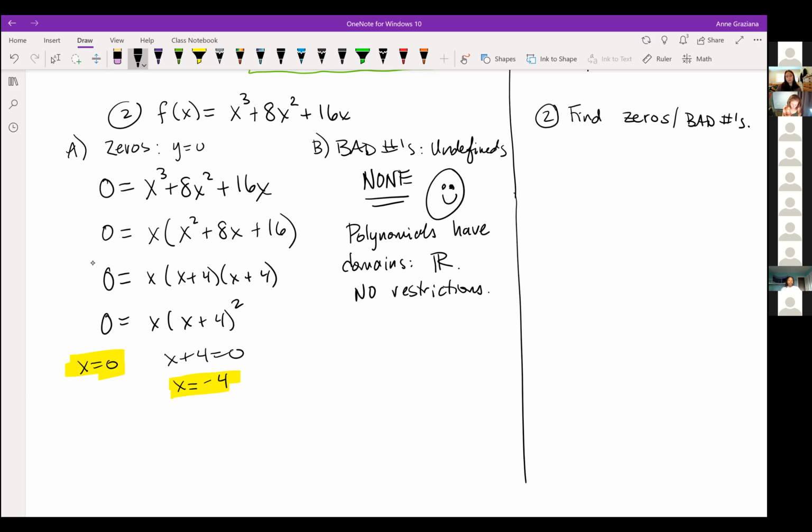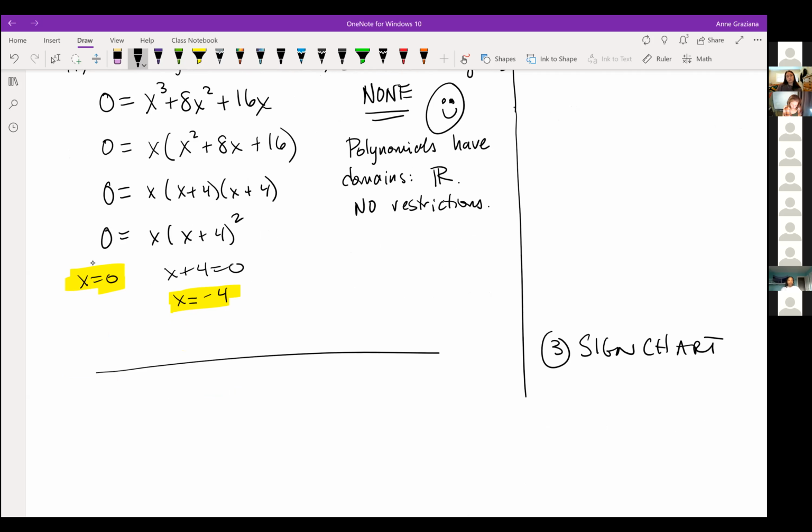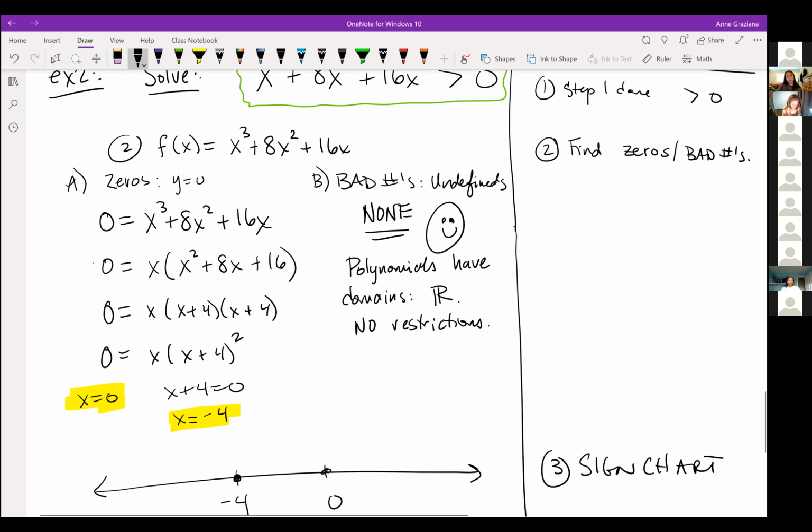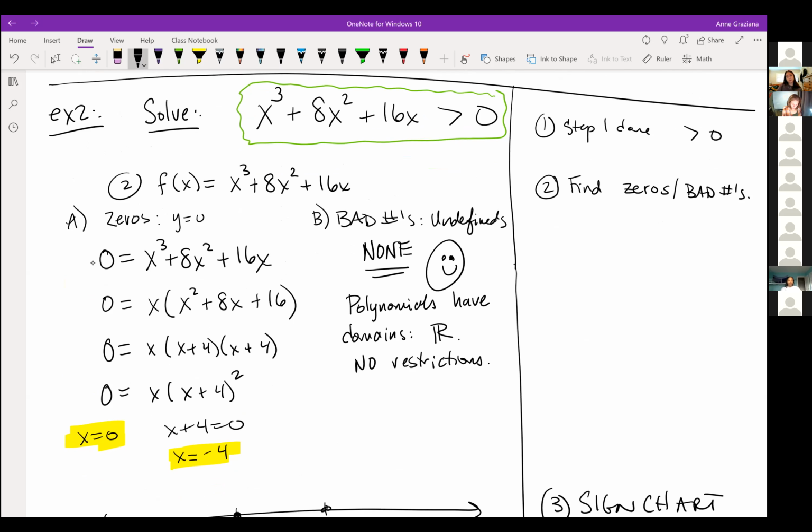So next we're going to make our sign chart. Now that we have that information, we can put everything on a number line. All I have to put on here is -4 and 0. They're both zeros. But if I look at my problem, the zeros are not included.